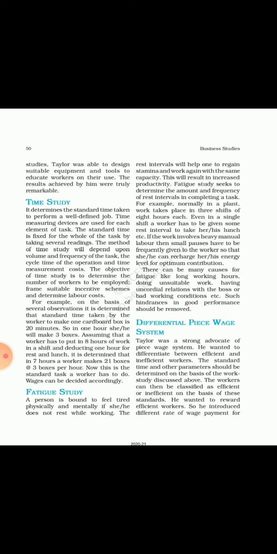To conduct a time study, Taylor suggests to observe an average worker performing the job with a stopwatch in hand and note the average time taken by the worker in completing the job. Taylor suggests repeating this 100 times and then taking the average time. This should be considered the average time for performing the job.